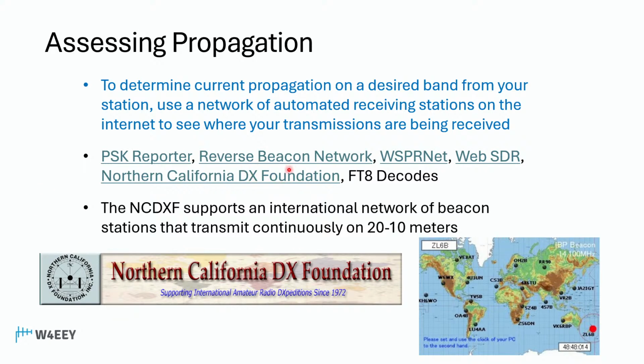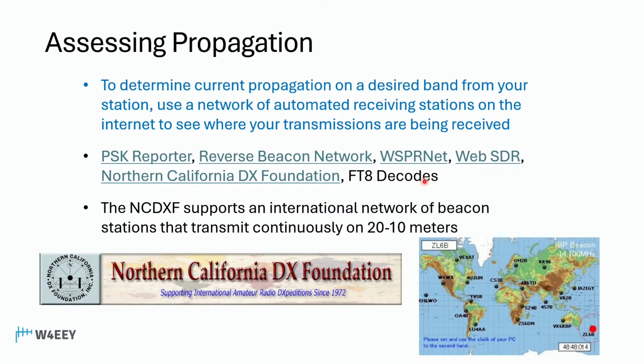Something called the Reverse Beacon Network, primarily used by CW folks. What it's doing is decoding the CW and indicating signal strength at listening stations all over the world. Something called WhisperNet, and all of these are links, which will work. WhisperNet uses the Whisper mode, WSPR, that I think we talked about in a previous session. It does the same thing.